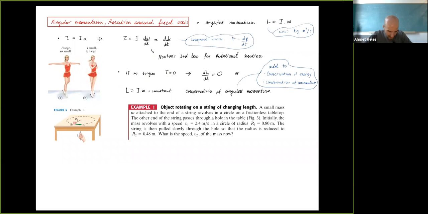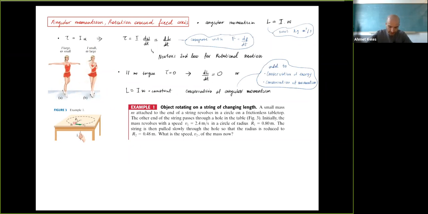Initially, when the arms are open, the moment of inertia is large because these masses are further away from the rotation axis, and there's some omega. But when she closes her arms, I gets smaller, and we know we have to keep I times omega constant. To compensate for the smaller I, omega has to increase. That's why she starts to spin faster.